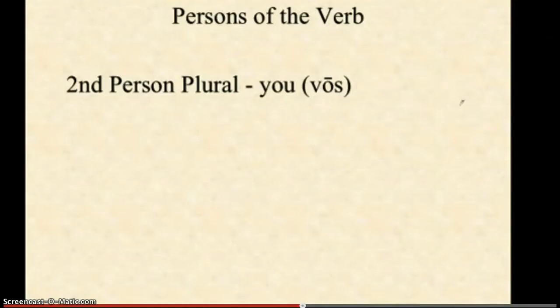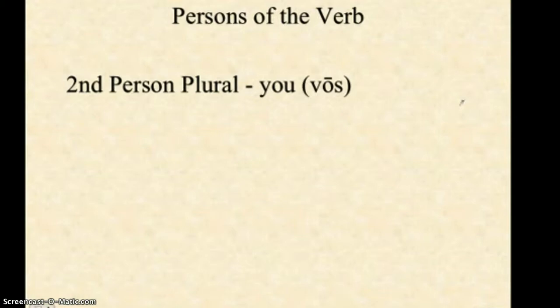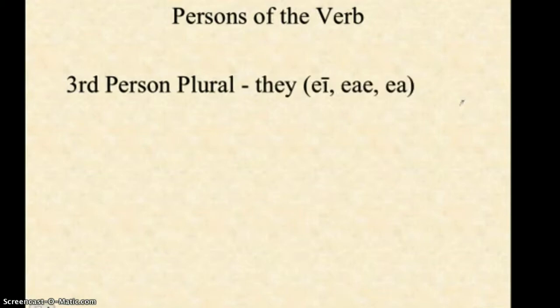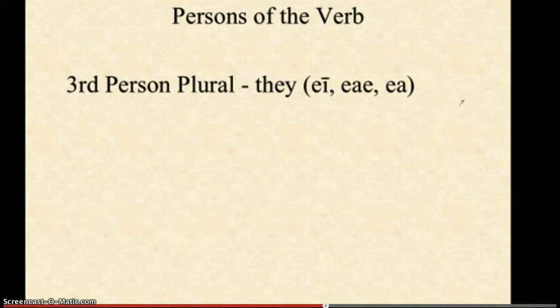Second person plural, you or you all, in Latin is vos. And third person plural. Imagine the people in the second person plural. That means that I, the speaker, am talking to a group of people about that group of people.